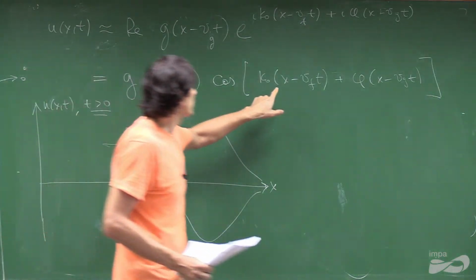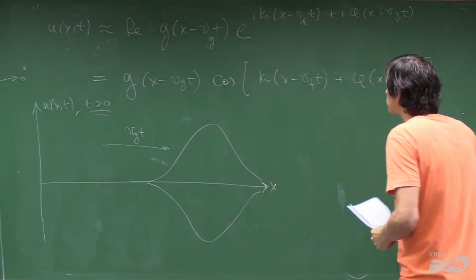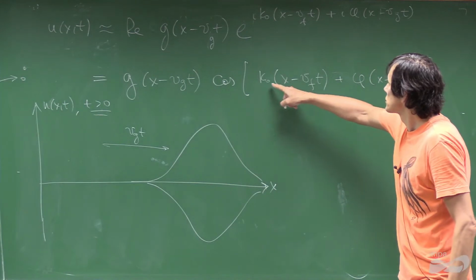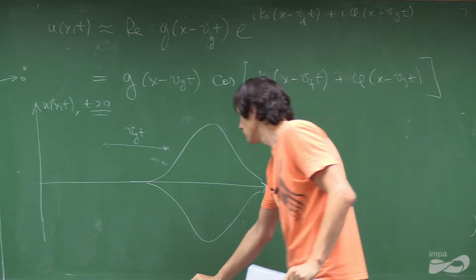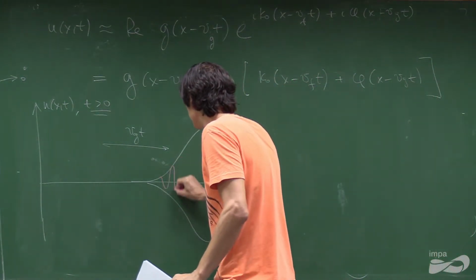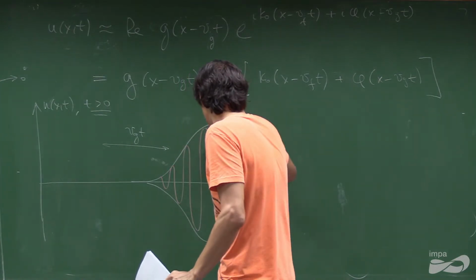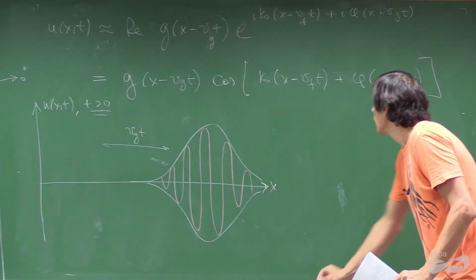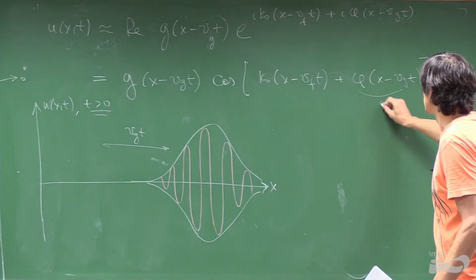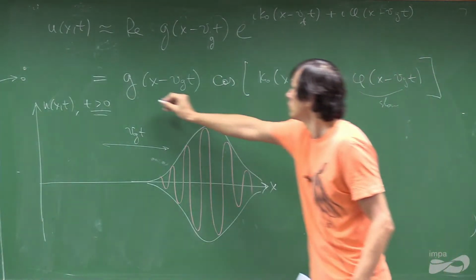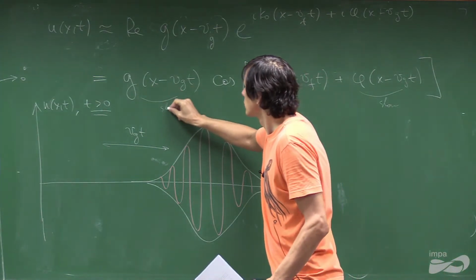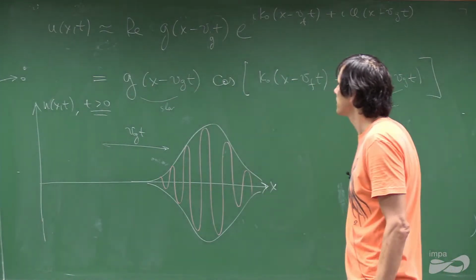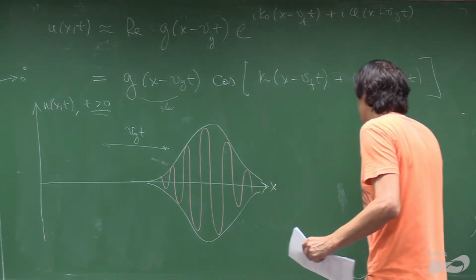And we multiply by the cosine, which is still cosine k0. So there is still modulation inside. These two functions, this is slow, this is slow in x, right? And this is fast.